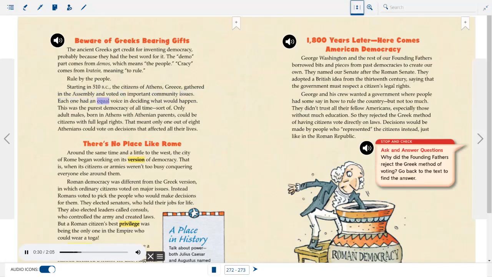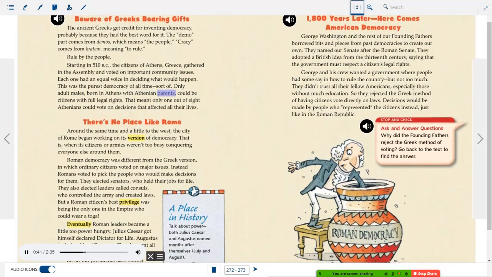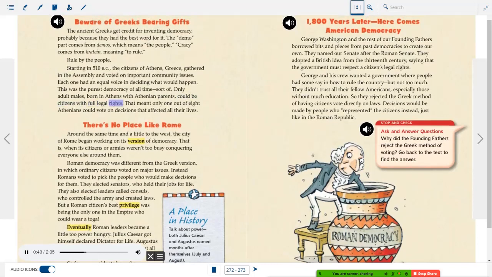Each one had an equal voice in deciding what would happen. This was the purest democracy of all time. Sort of. Only adult males, born in Athens with Athenian parents, could be citizens with full legal rights. That meant only 1 out of 8 Athenians could vote on decisions that affected all their lives.